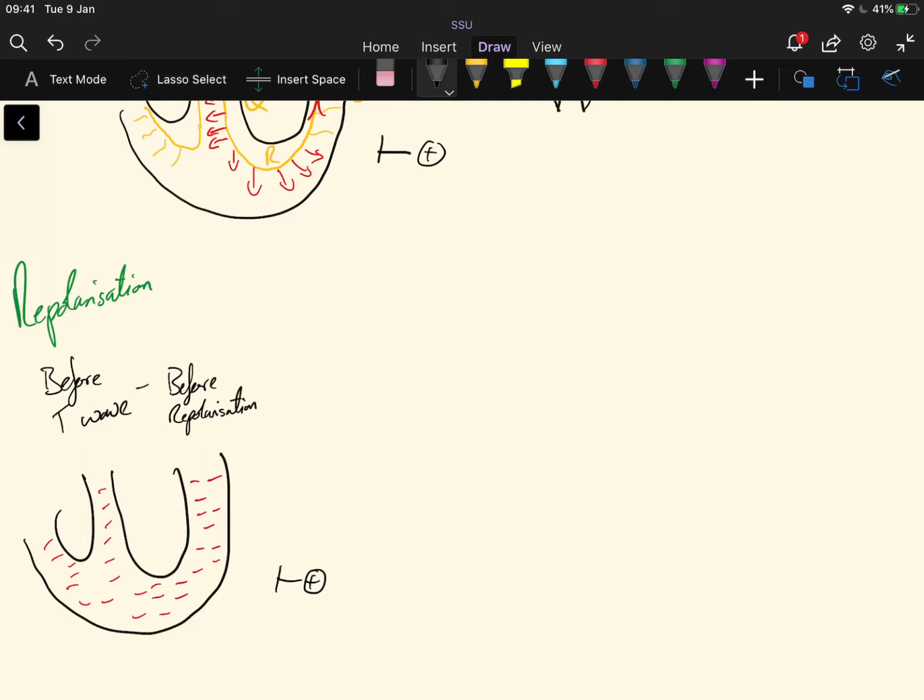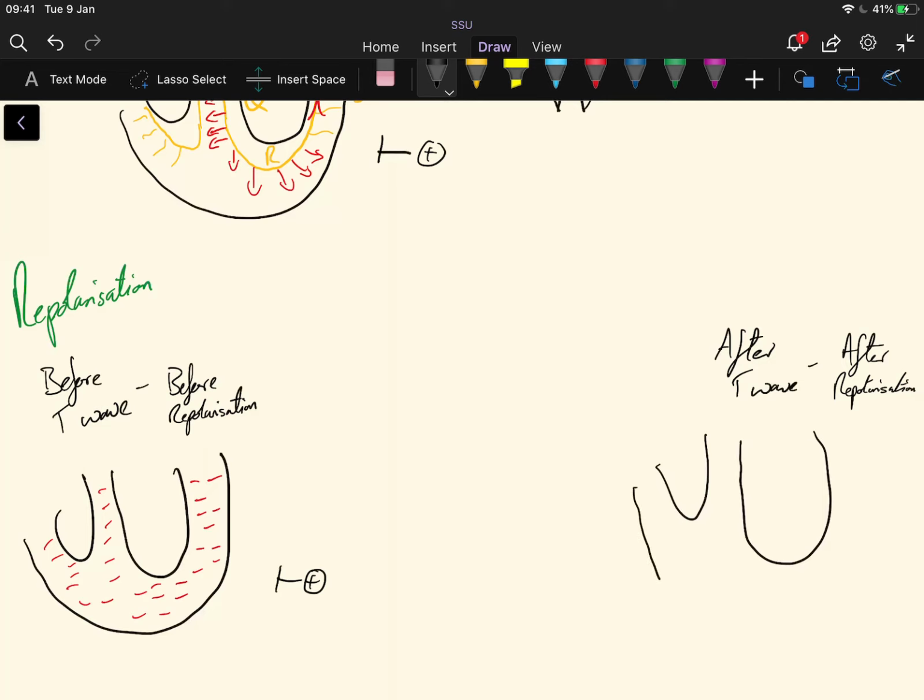Whereas if we go to the end, so after the T wave, oh my god, that's awful handwriting, Jordan, come on. Okay, so this is after repolarization. The ventricle myocytes have repolarized, they've become negative, and they've lost all those potassium ions to the outside of the cell.